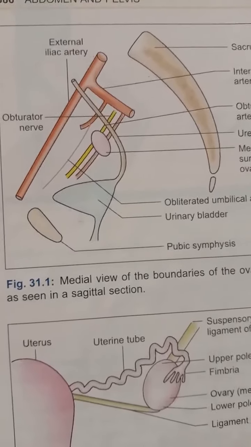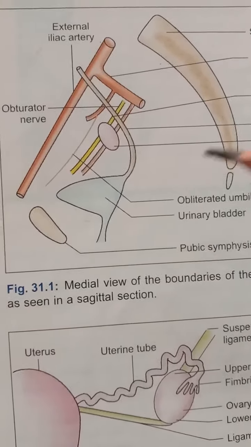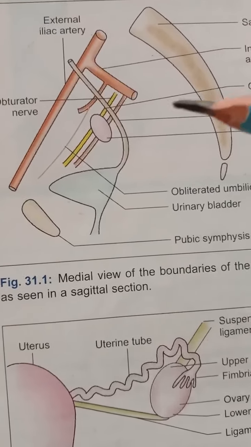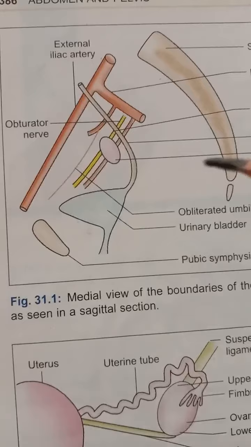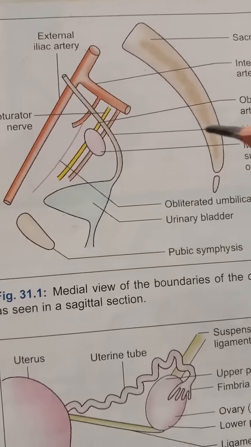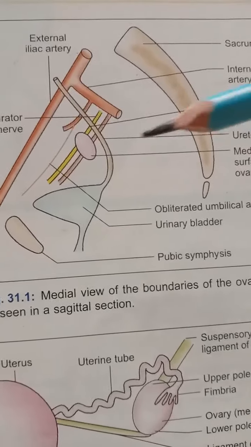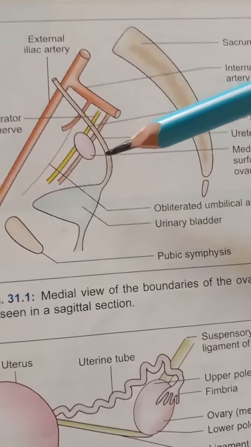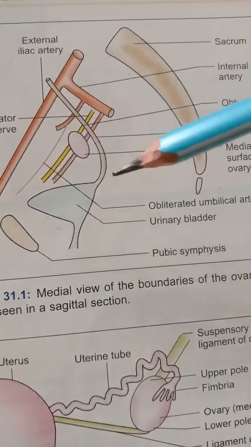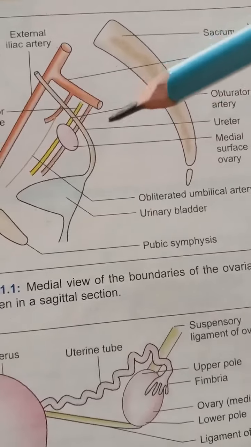In nulliparous adult women, each ovary lies in the ovarian fossa on the lateral pelvic wall, below the pelvic brim. This ovarian fossa is a slight peritoneal depression which is bounded. Here you can see the ovary and this is the ovarian fossa. It is bounded posteriorly by the ureter and the internal iliac vessel.